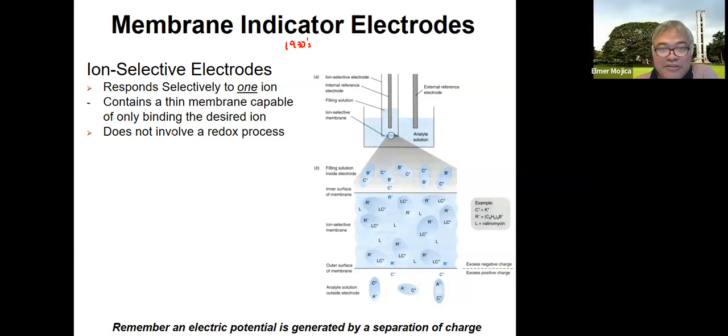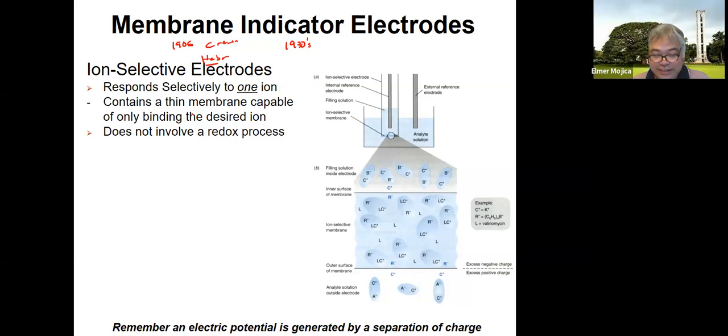It was first recognized way back in 1906 by Cremer, and then Haber, of the Fritz Haber process of ammonia fame, systematically explored this idea later on, until they developed the ISE.